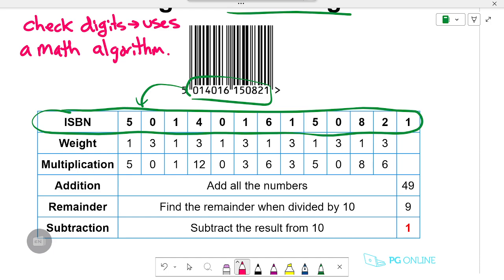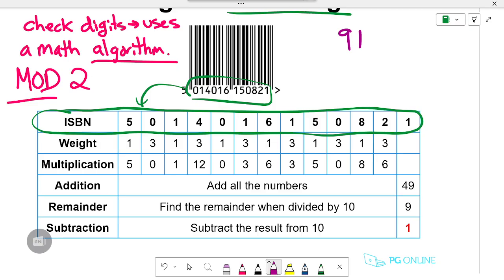It uses a math algorithm using a mod. Okay? Do you know what mod means? If I mod R, this is called modulus. This means to divide and give the remainder. For example, if I have 9 mod 2, what is the result, Carol?